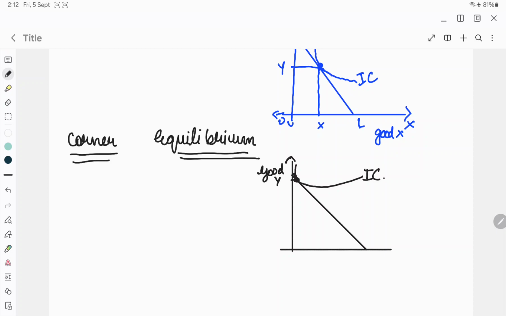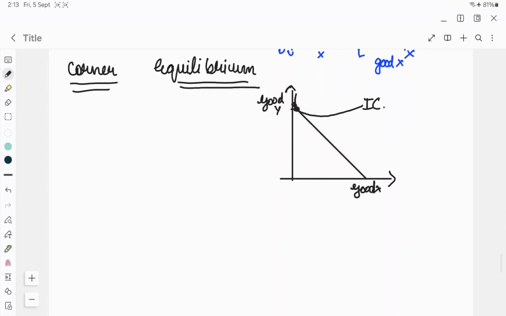This is the IC curve. So the tangency between the budget line and the indifference curve is happening near the y-axis. That means he is buying negligible or zero amount of good x and buying only good y. So this is the corner equilibrium when the consumer is buying only commodity y.